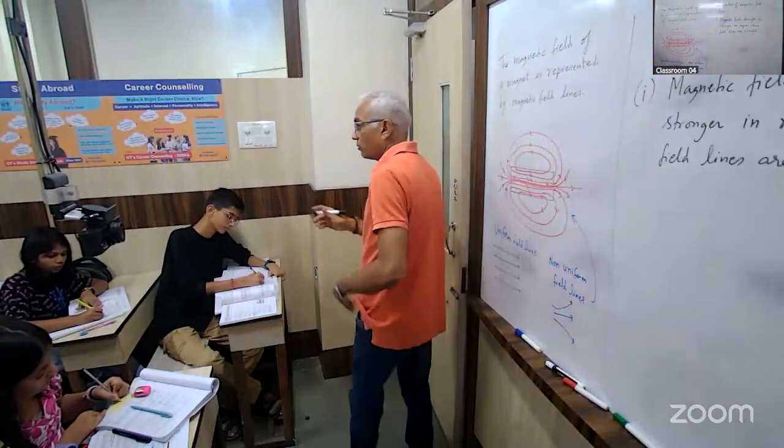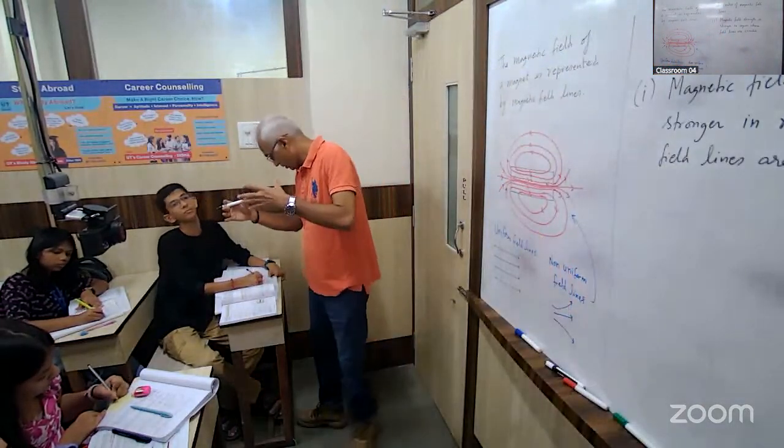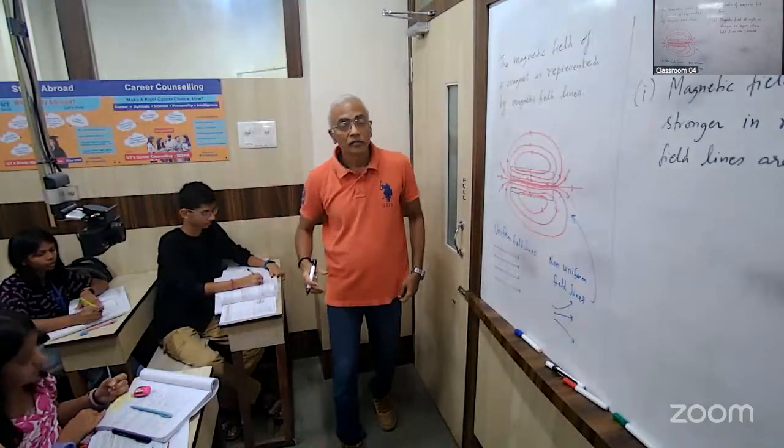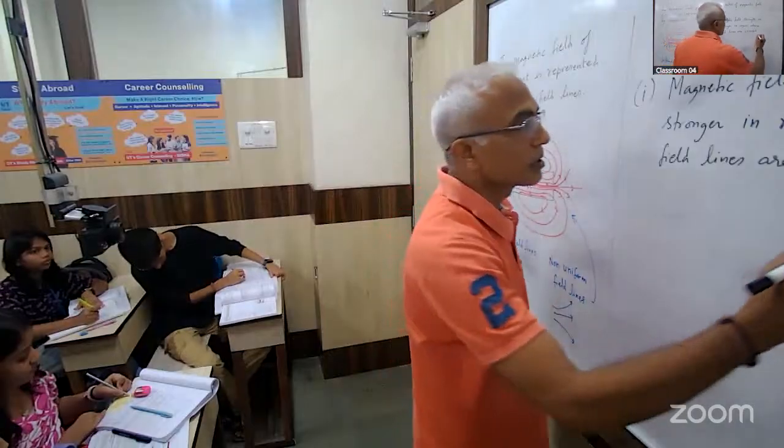Wherever the field lines are crowded, the magnetic field is stronger, and vice versa.